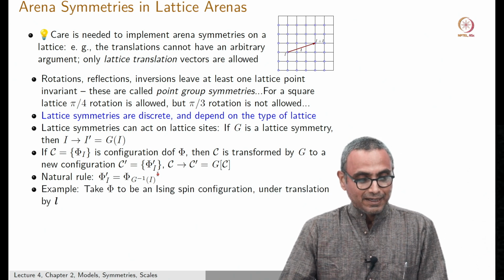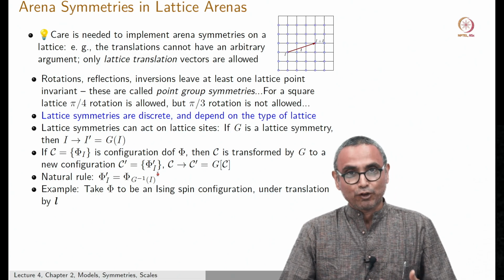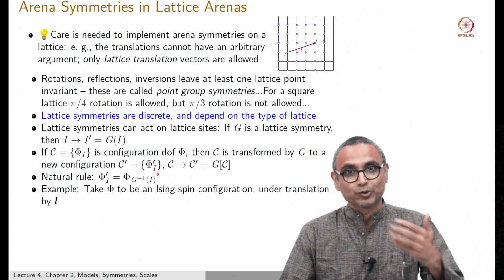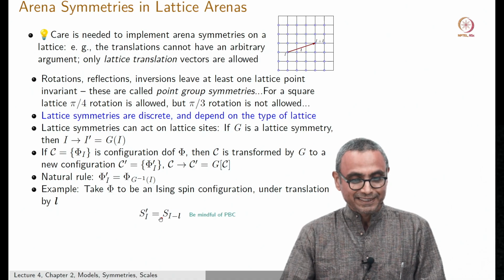Okay. So take phi to be the Ising spin configuration and apply translations to see an example. So what happens here?